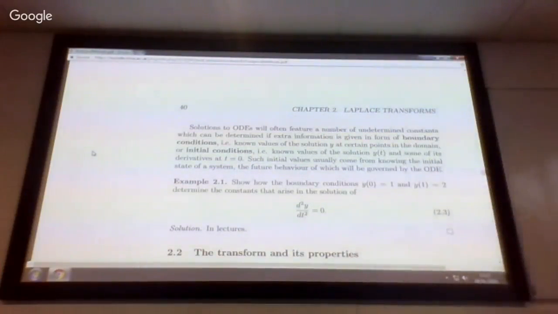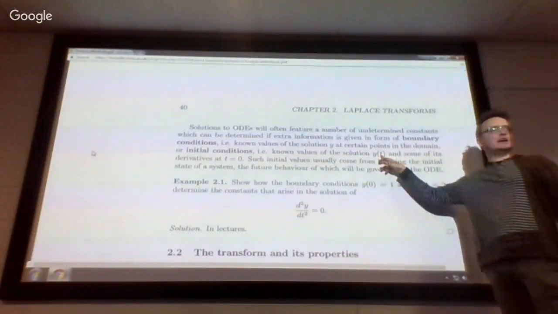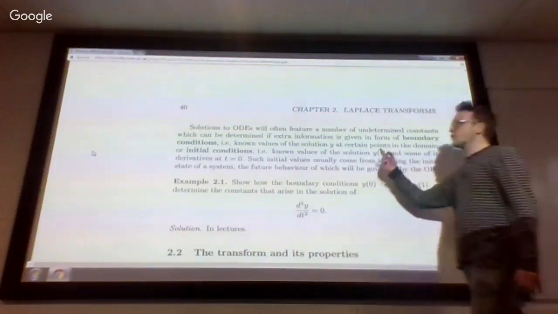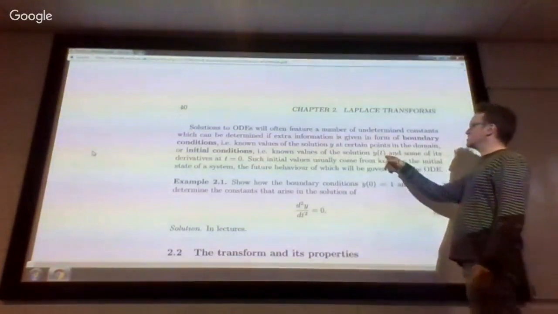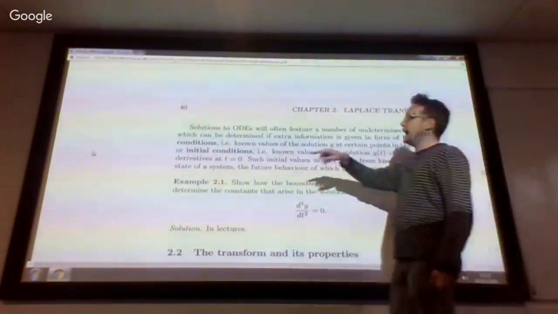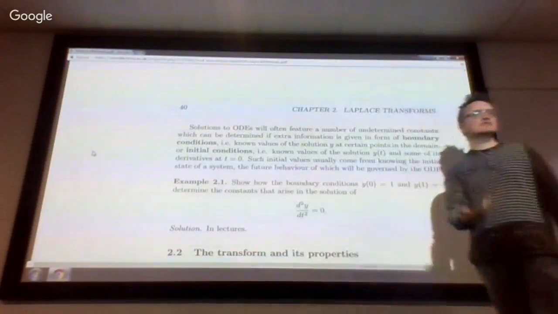If the unknown function y is a function of a time-like variable t, then very often these boundary conditions are in the form of initial conditions. Okay? So an initial condition is information about what the value of the function is at the starting time, which is conventionally taken to be t equals 0.